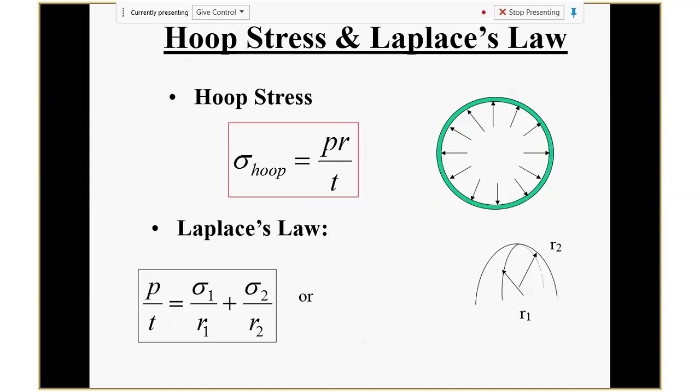So for the two principal directions, you have two principal radii of curvature, and that's what you put here. We just mention this idea; we're not going to derive it or use it. Later on, when you study advanced courses, you need to use that. But you should know what the Laplace law and the hoop stress are. That's the concept.